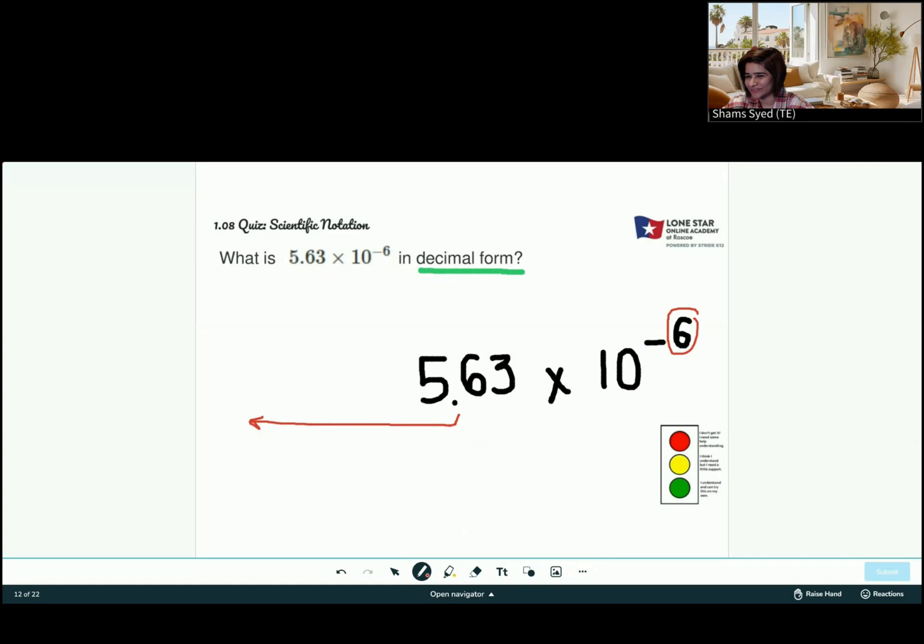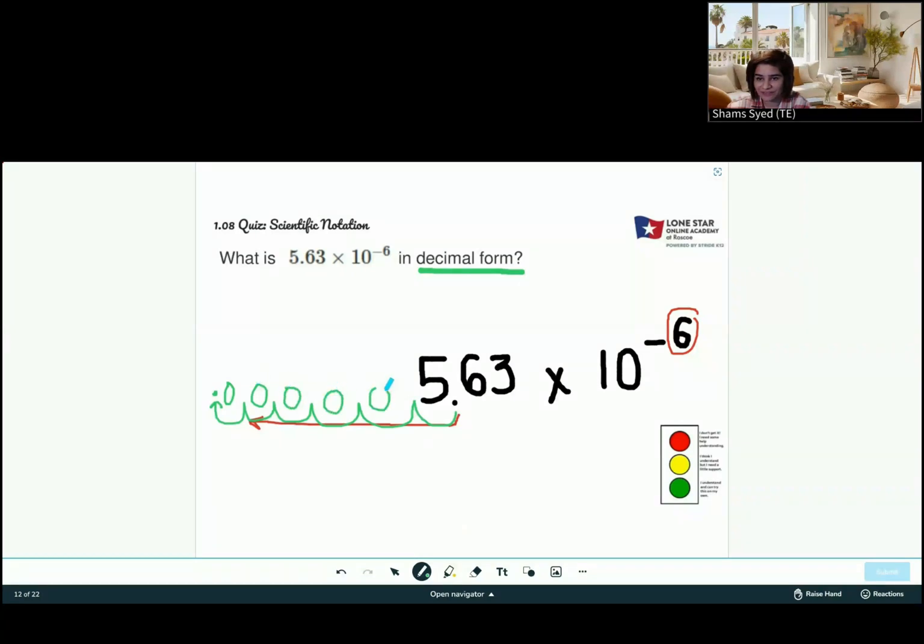Vida, Violet, very good. Let's see how it will look. 1, 2, 3, 4, 5, and 6. This is where the decimal goes. And I will put in zeros. 1, 2, 3, 4, 5.